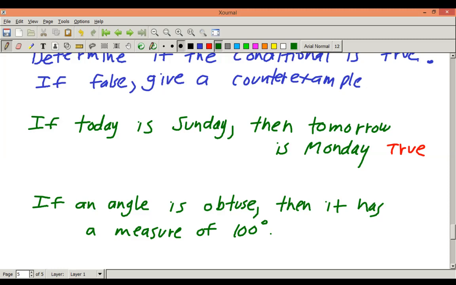So I've got to find an angle that makes the hypothesis true, but the conclusion false. So I need to find an obtuse angle to satisfy the hypothesis, but then say something that's not true for the conclusion. So a counterexample for that is 101 degrees. 101 degrees is obtuse, but it's not 100, so that's why this statement is false, and I just provided a counterexample for you.